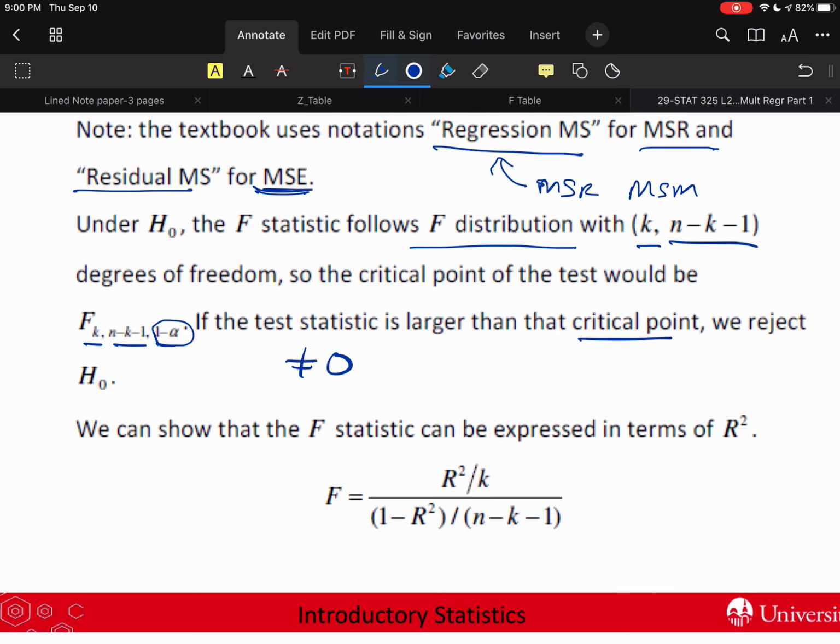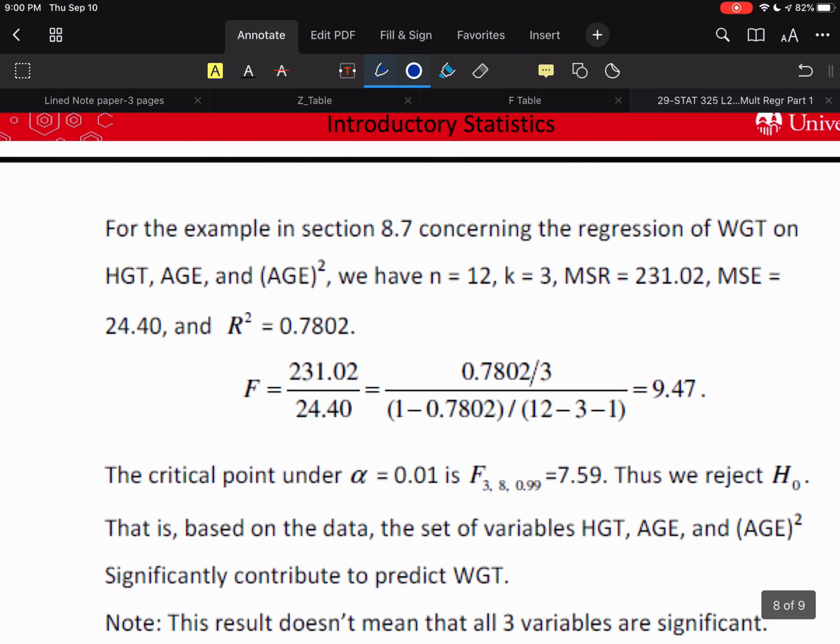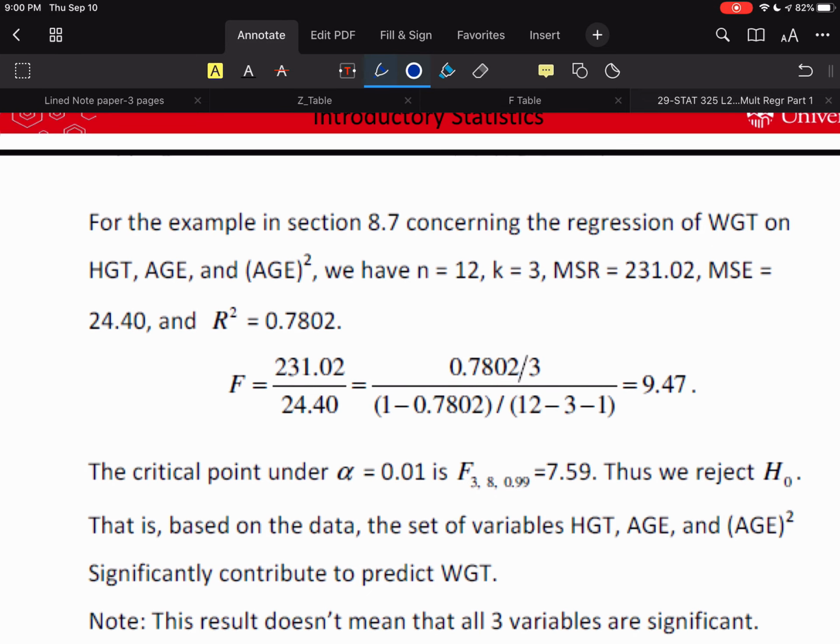And we can show that the F statistic can be expressed in terms of R squared. So here we have R squared over k, divided by 1 minus R squared over n minus k minus 1, okay? We're not going to go through the derivation, but let's do an example. This example comes from section 8.7 with the regression of weight on height, age, and age squared, okay?